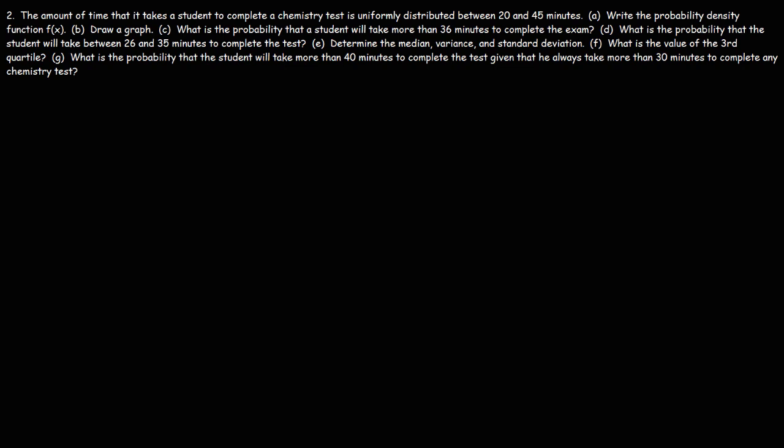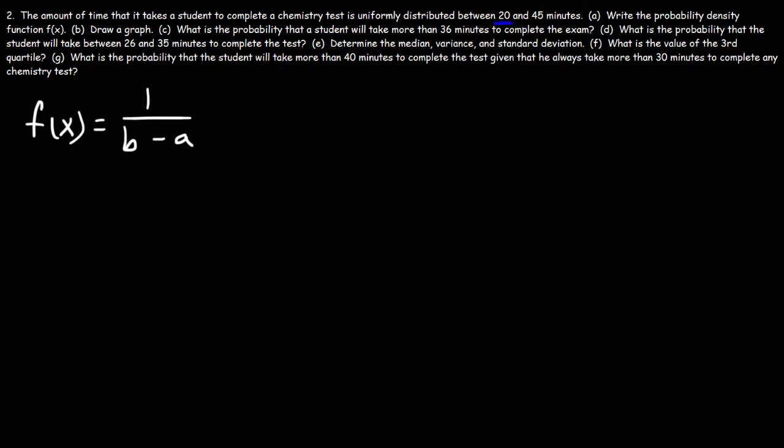Number 2, the amount of time that it takes a student to complete a chemistry test is uniformly distributed between 20 and 45 minutes. Part A. Write the probability density function f of x. So the probability density function, or the PDF, is going to be 1 over b minus a. So now, what are the values of a and b in this example?